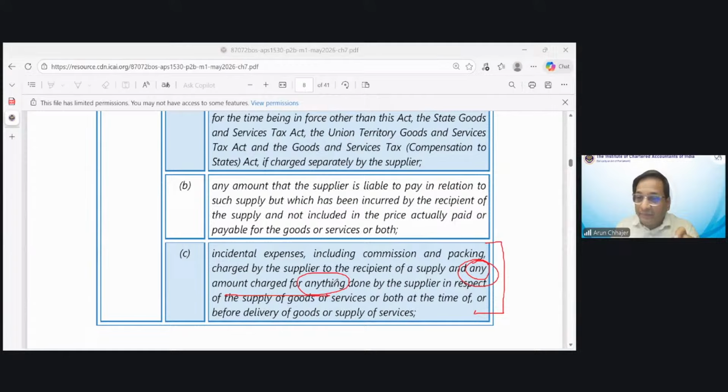My understanding is that you should write anything done by the supplier and any amount charged for the supply on or before the delivery will be added in the value. Might be he could say, भाई इस सप्लाई का वेट करके दो. Might be he could say please send through special vehicle.